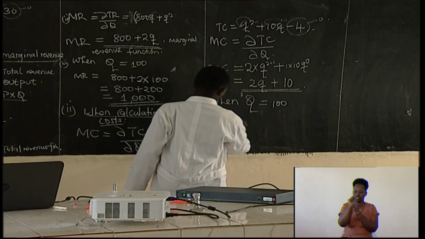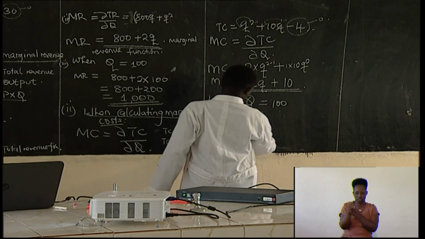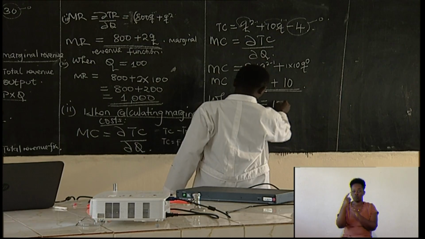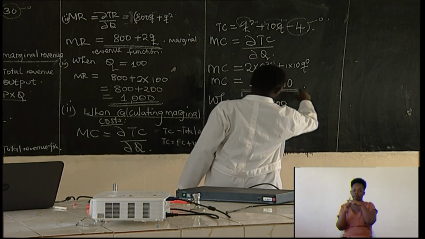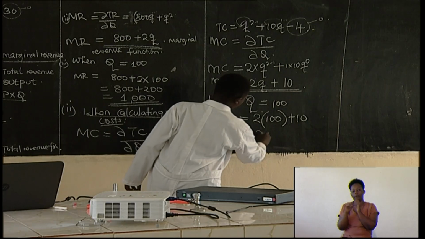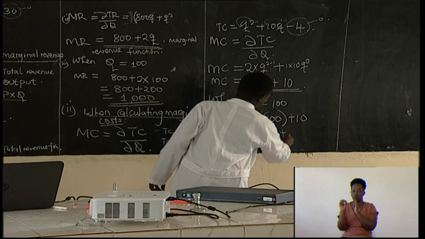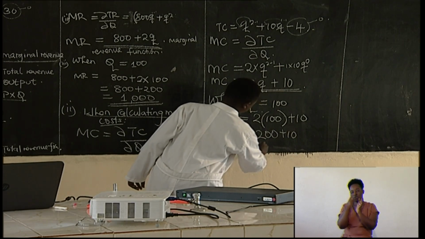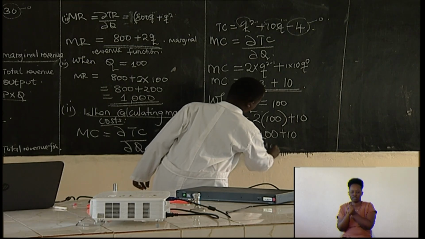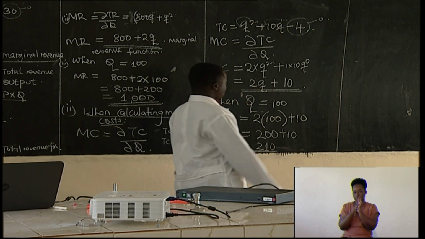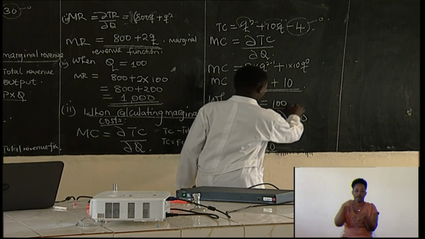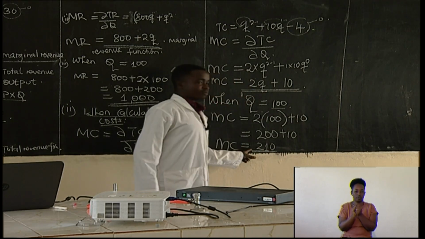Our marginal cost will be equal to 2 times output Q, which is 100, plus this 10. This gives you 200 plus 10, which finally gives you 210. So this will be your marginal cost when output is 100 units.